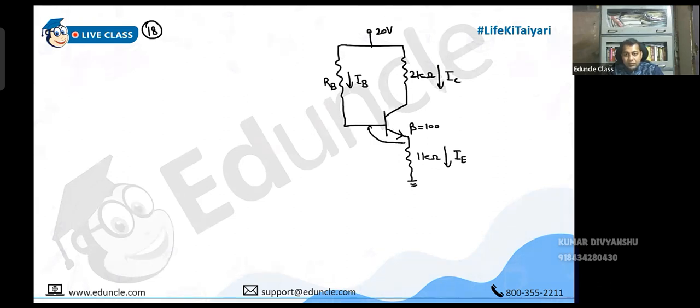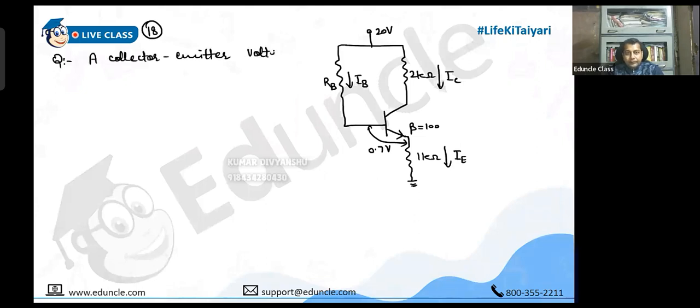It is given to be 0.7. I'm writing the question in short. A collector emitter voltage reverse biases the collector.